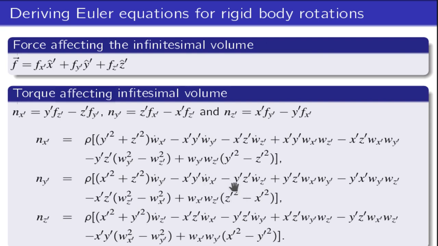These relations should be satisfied for the infinitesimal volume with the considered angular velocity, and this should be valid for each infinitesimal volume, and one can say that the moments of force are distributed over each infinitesimal volume of the rigid body to satisfy the rotation of each part of the rigid body with the same angular velocity. And these equations should be held at every instant of the time.